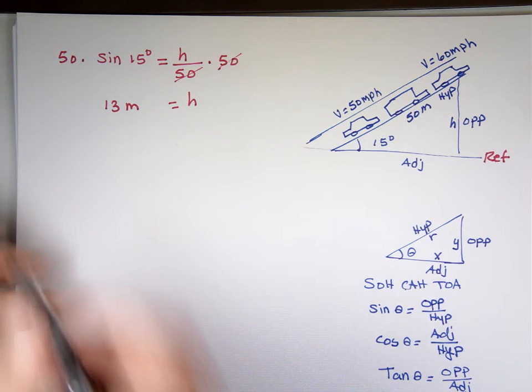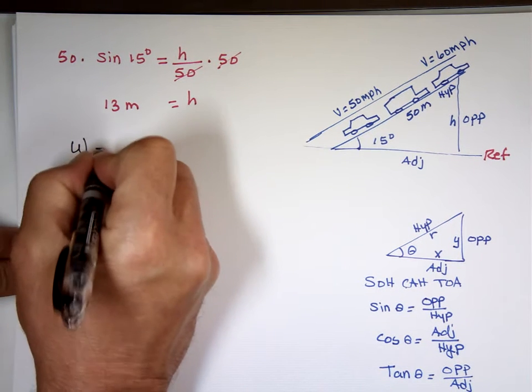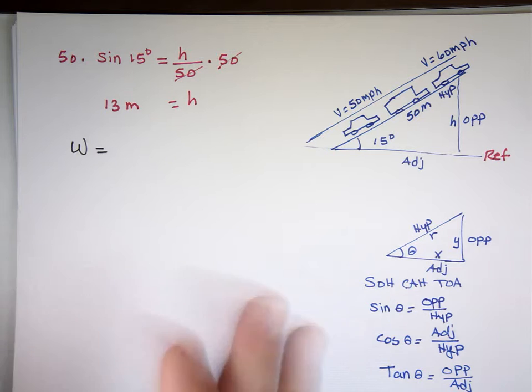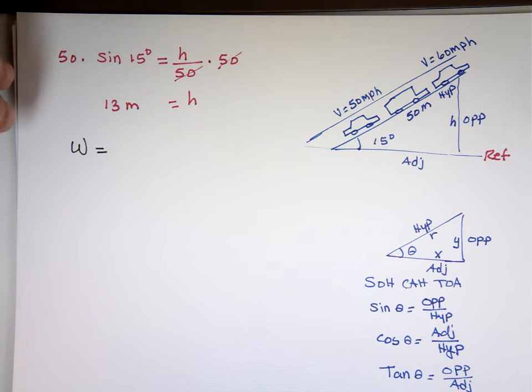The work done by your engine now, I'm neglecting the friction, by the way, otherwise I have to deal with the friction force. Subtract that. That's coming up next. And thank goodness we have friction, because if you don't have any friction, you're not climbing that hill. But I'm neglecting it for this example.